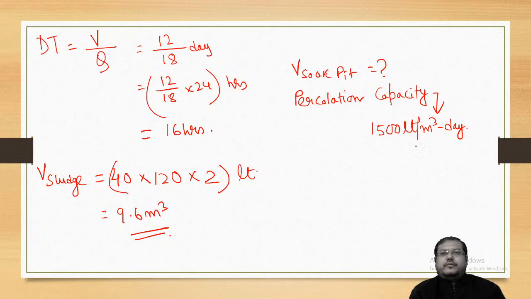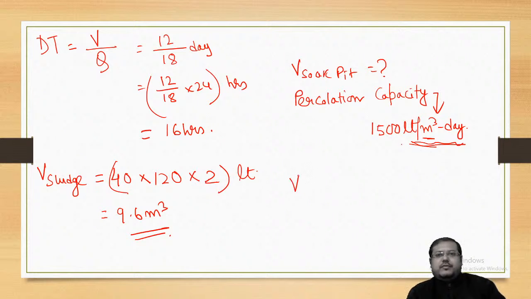So from here I have told you that you can solve with no formula given, but you can solve it by checking out the unit and its common sense. If you divide something having a unit of liter per day by this, you will get the volume of soak pit in meter cube, right?